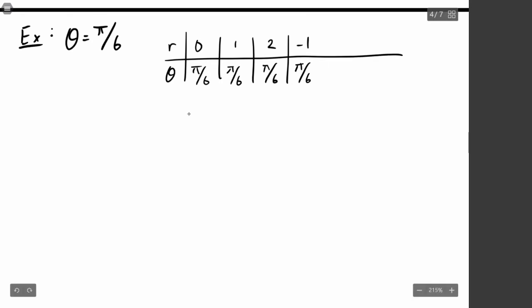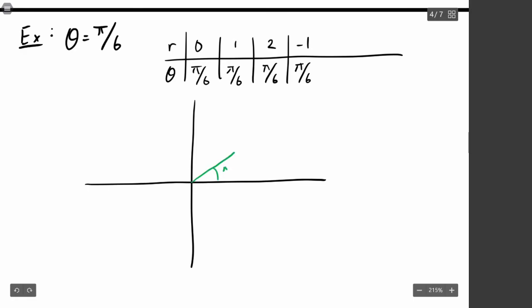So what does that actually translate to? Well, let's say this is the angle pi over 6. Looks close enough. We have to stay on this line that pi over 6 gives us, but r can be anything. So we can go as far out this way as we want, and we can go as far out that way as we want.